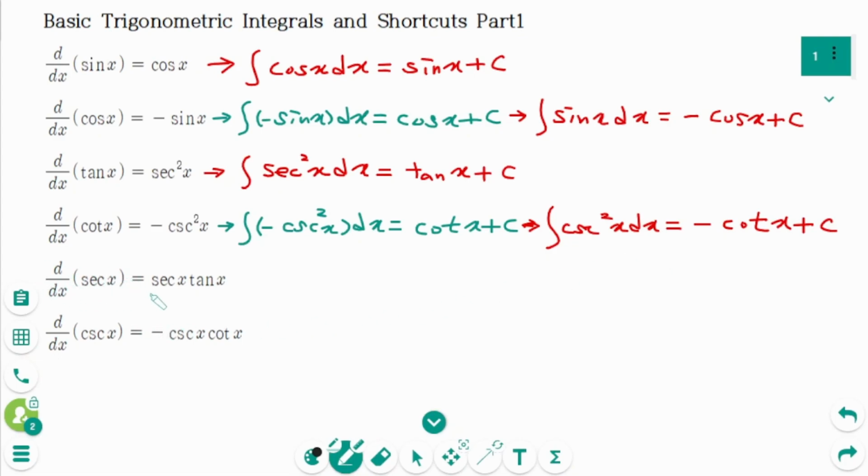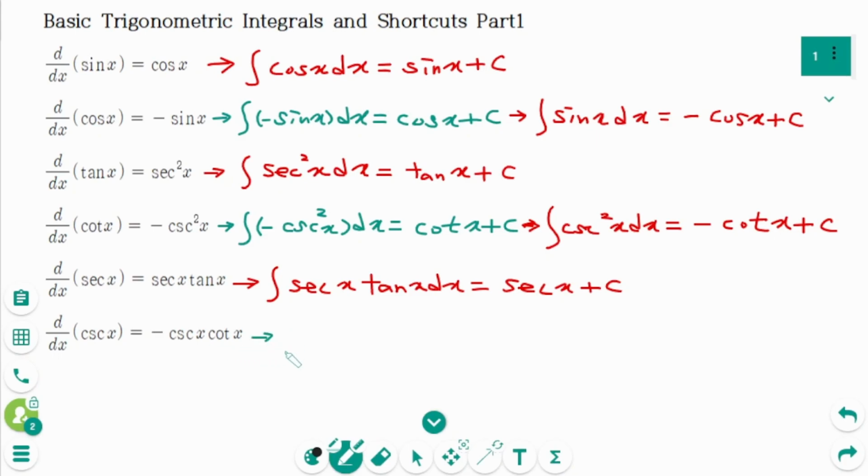Derivative of secant x is secant x tangent x. So integral of secant x tangent x dx equals secant x plus c. The last one, derivative of cosecant x is minus cosecant x cotangent x.